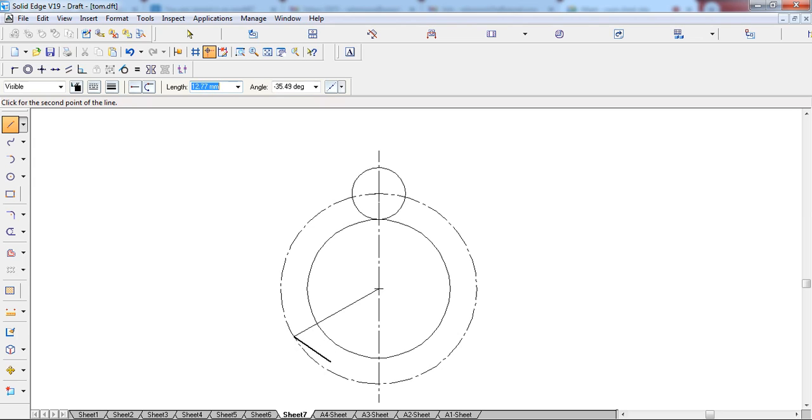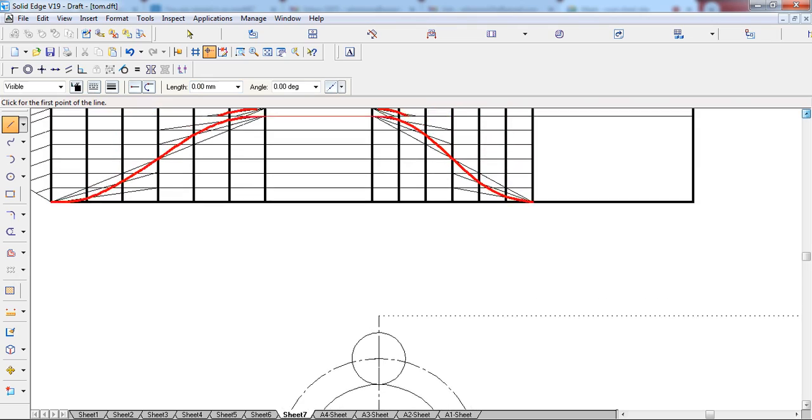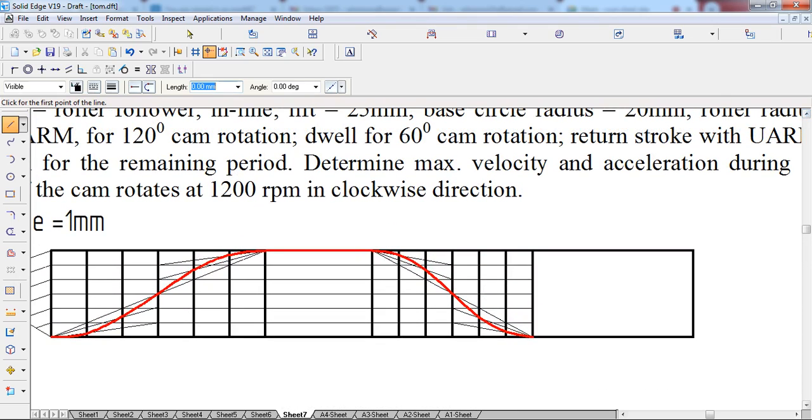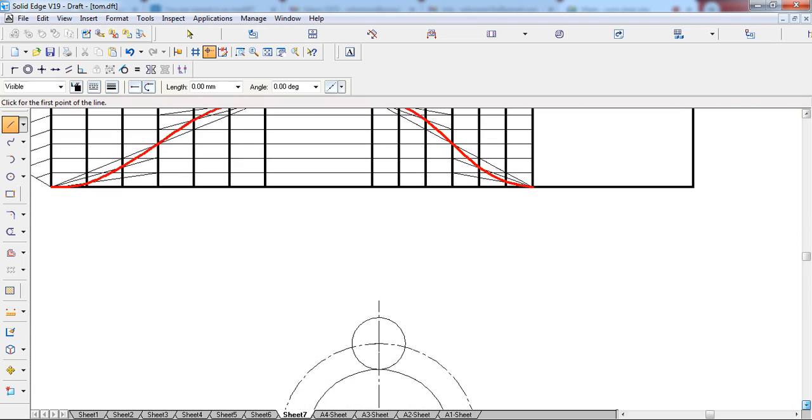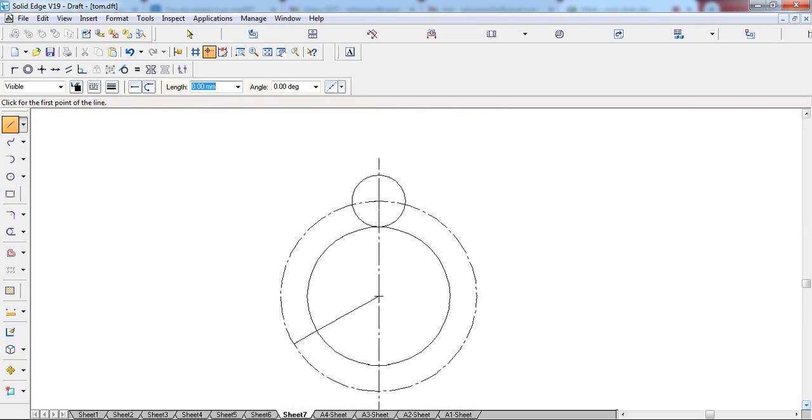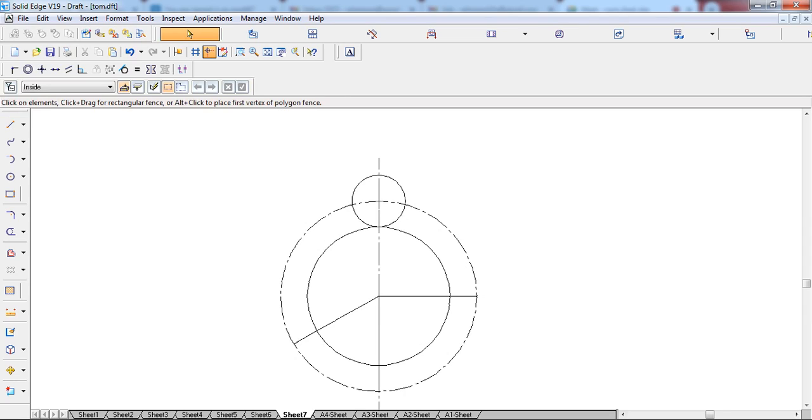After 120, the angle is 60 degree. 120 plus 60 is 180, exactly the vertical line. Then from here 90 degree. So, I got this angle.